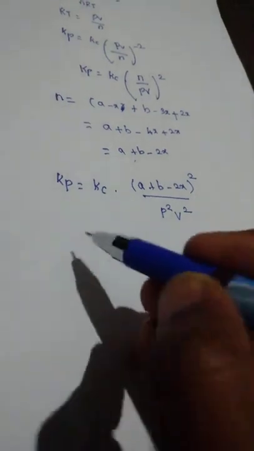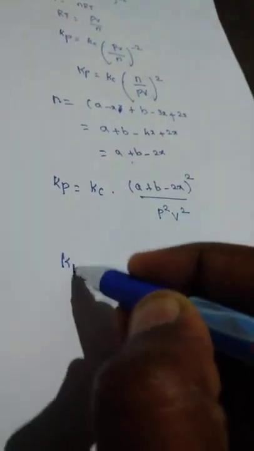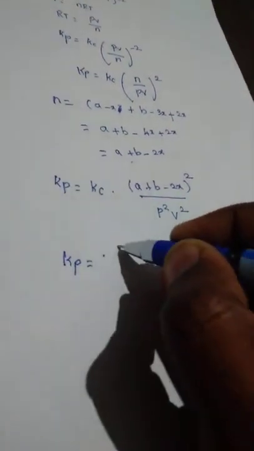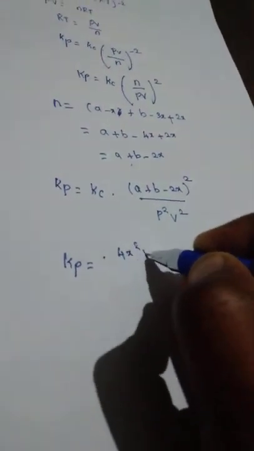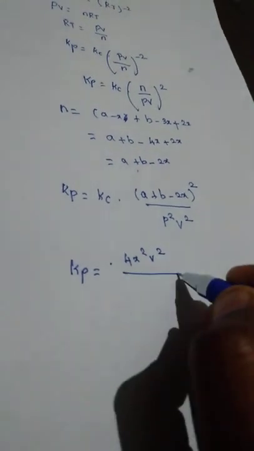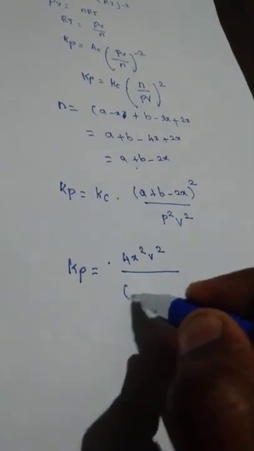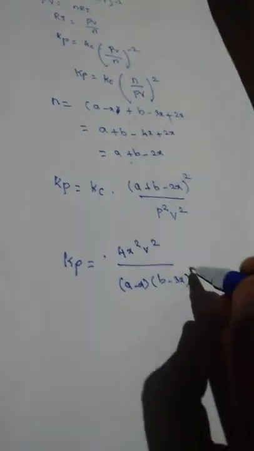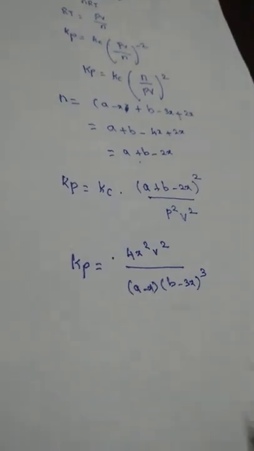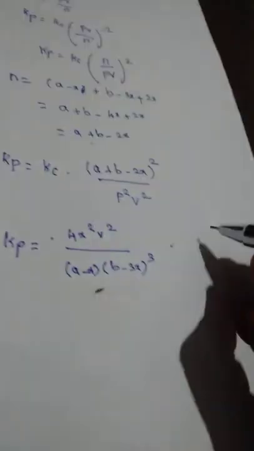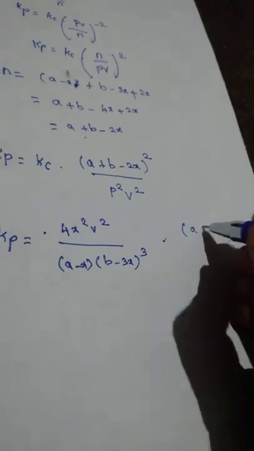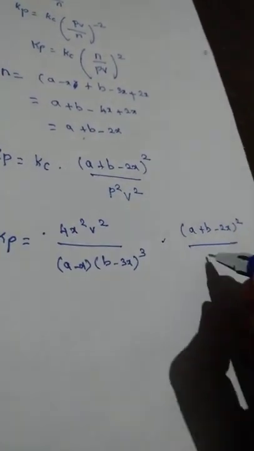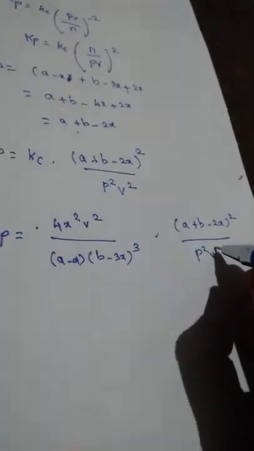Kp is equal to Kc value, which is 4x squared into V squared divided by (a minus x) into (b minus 3x) the whole cube, into this value (a plus b minus 2x) the whole square divided by P squared into V squared.